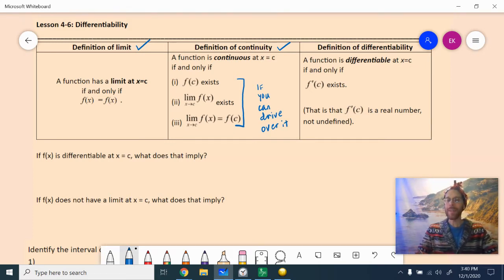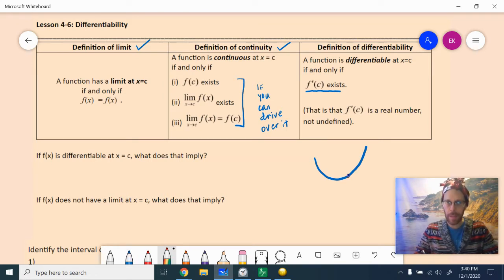All right, now differentiable means this. It means that the function has a derivative at a particular instant. And so graphically, what that means, pick some point here. Let's pick this point right here. This is a point where the function is differentiable because it has a real number slope.